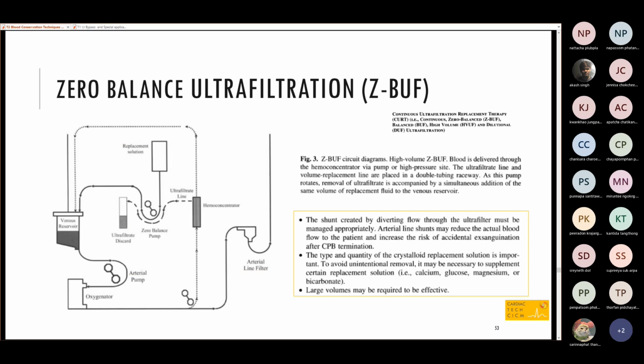All right. Another term is called BUF, or balanced ultrafiltration, or zero-balance ultrafiltration. We use other names too, like C-BUF, BUF or H-BUF, and DUF, depending on the hospital.